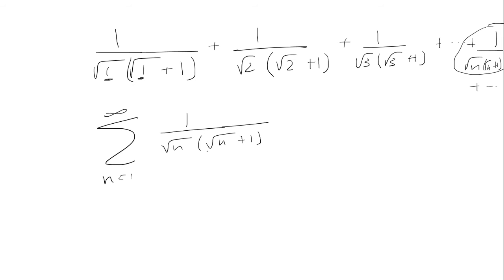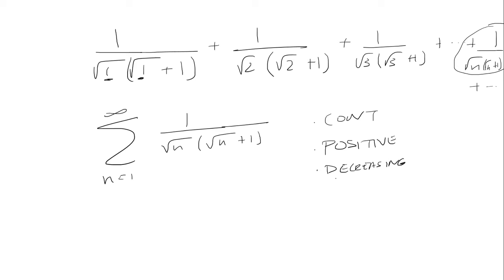Okay, so let's look at the three conditions of the integral test. So first, it has to be continuous, has to be positive, and has to be decreasing. So let's look at these three.